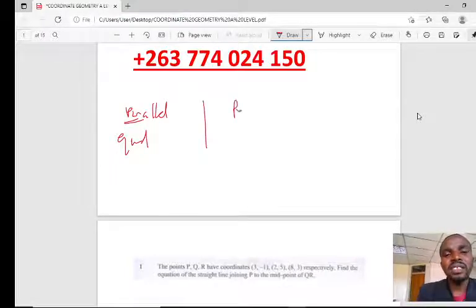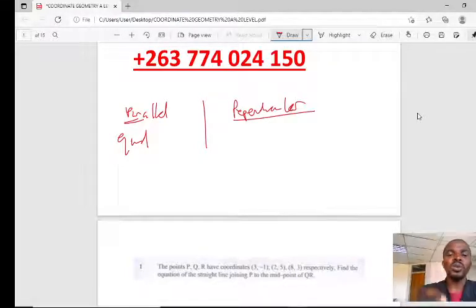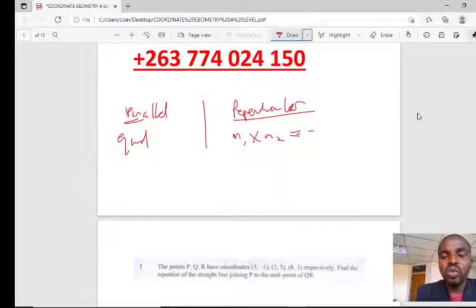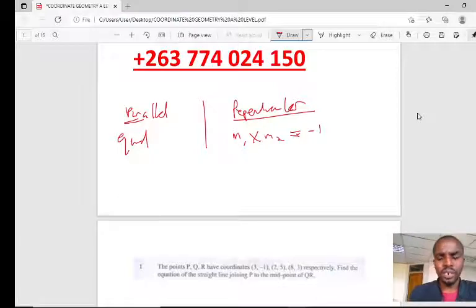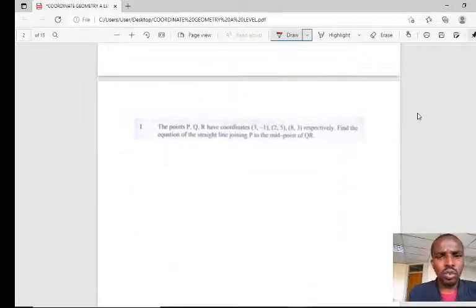Perpendicular lines: if two lines are said to be perpendicular, what do you know about their gradients? Then you say gradient of line 1 times gradient of line 2 is equal to -1. So that's what you have to know, given that the two lines are said to be perpendicular. Right. Let's now move to question number 1.